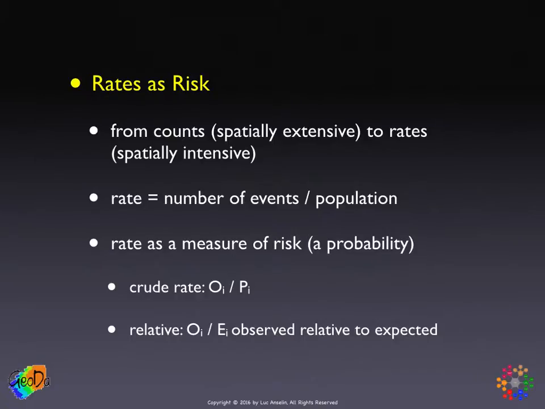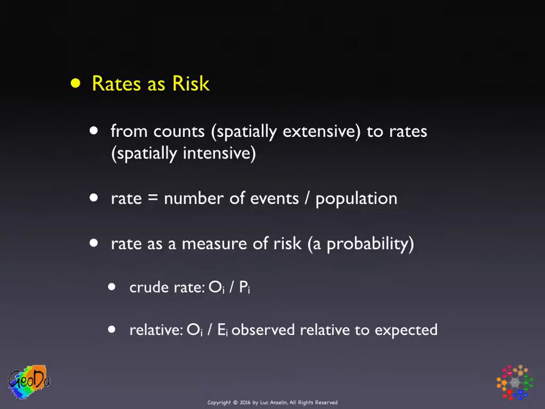So the variable of interest is called a crude rate or a raw rate, and that's simply, for a location I, the count of events, O sub I, over the population at risk, P sub I. Now, many times in many disciplines, particularly in public health, instead of the crude rate, a relative rate is used, for example, the standardized mortality rate.